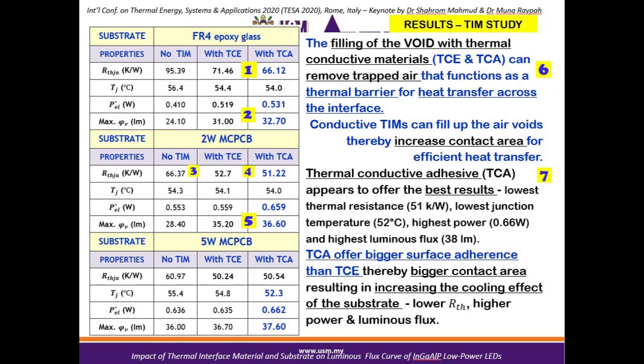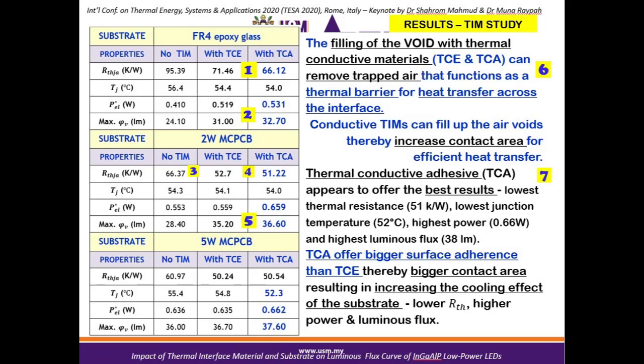Coming to this stage, we now realize the huge impact of the thermal interface layer in commercial low power LED, whereby this TIM layer reduces thermal resistance and the junction temperature, resulting in a more efficient LED and brighter LED.